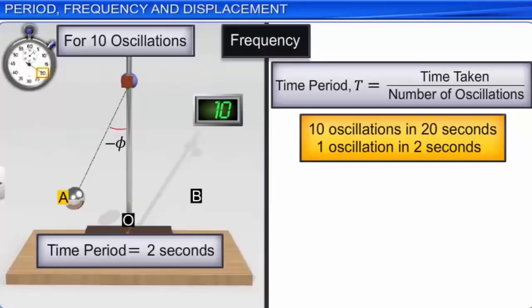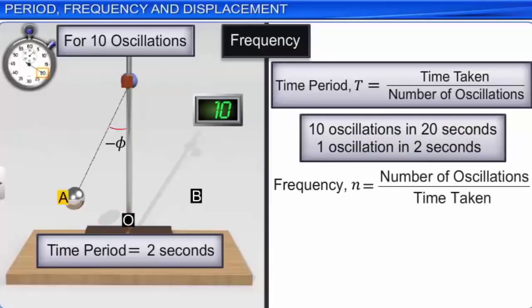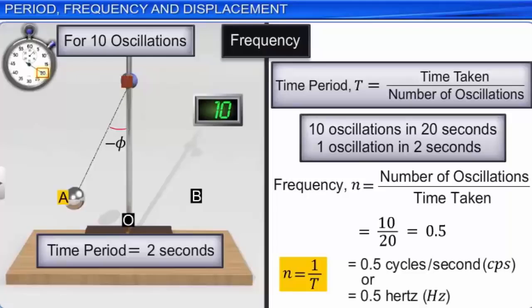Here, frequency n will be equal to the number of oscillations divided by the time taken, which on substitution gives the value 0.5. Therefore, frequency n is equal to the reciprocal of time period t. Frequency is measured in cycles per second, CPS, or Hertz, and is denoted by the letters Hz, named after the scientist Heinrich Rudolf Hertz.